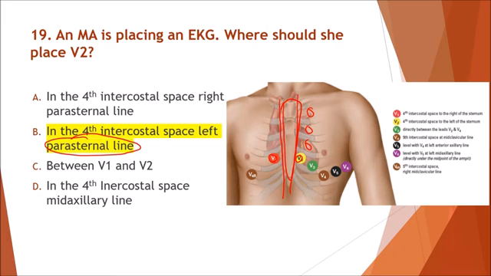The difference is V1 goes on the right side and V2 goes on the left. So V2 goes in the fourth intercostal space, left parasternal line. V1, on the other hand, goes on the right parasternal line. Between V1 and V2, well, there is nothing. And in the fourth intercostal space, mid-axillary line, there is V4.